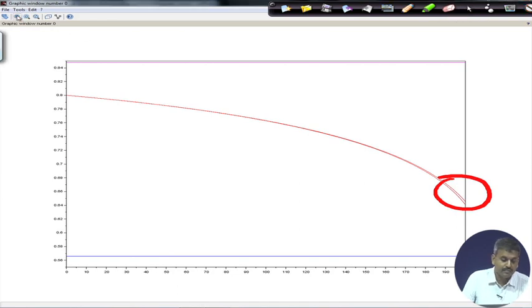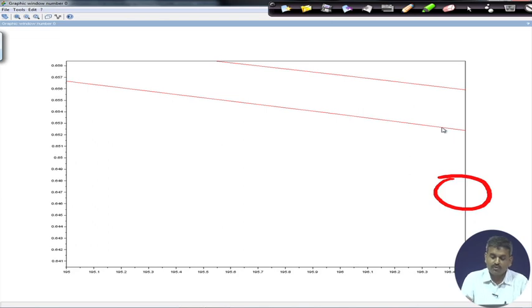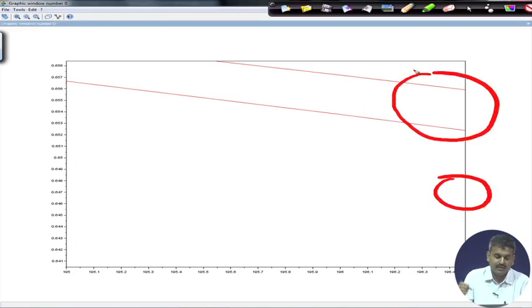If we zoom this portion, then we can see that some amount of difference is there between these two solutions, from the forward Euler method and our modified Euler approach, which is a two-step approach in this case.